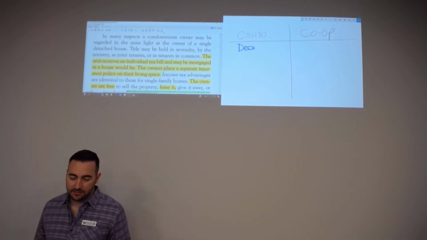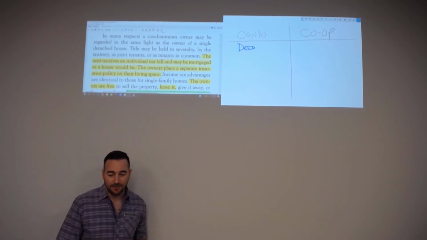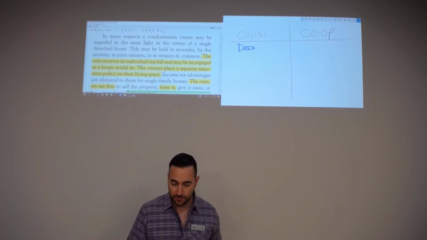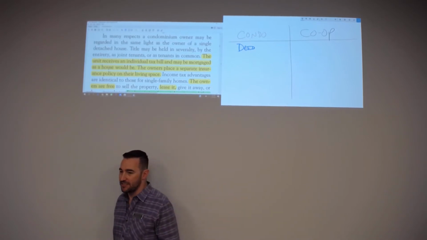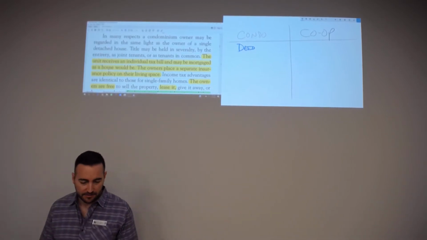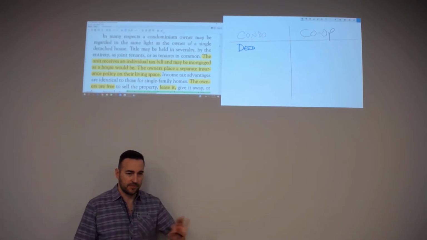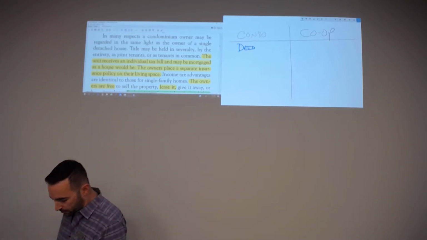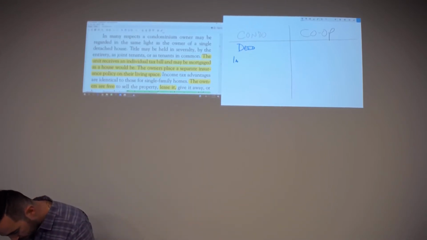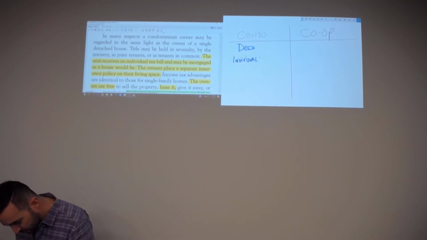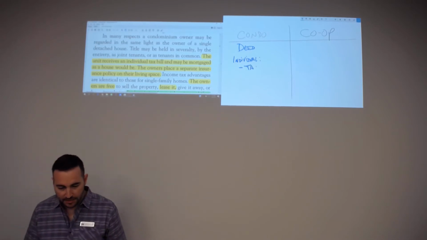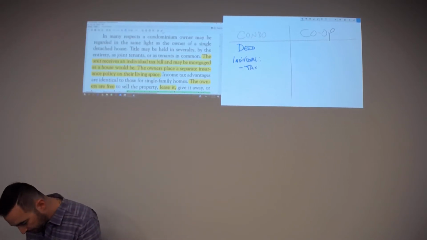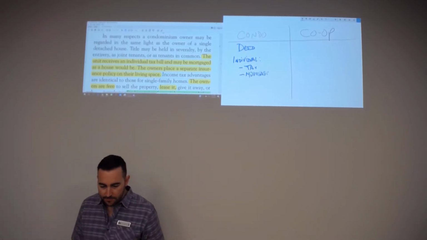Next paragraph, in many respects, a condominium owner may be regarded in the same light as an owner of a single detached house. Title may be held in severalty, by the entirety, as joint tenants, or as tenants in common. Same thing that we just went over, right? Now the unit receives an individual tax bill, okay? And an individual mortgage, as a house would.